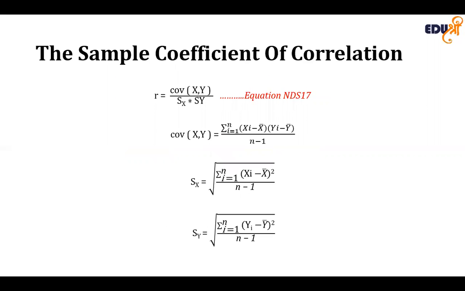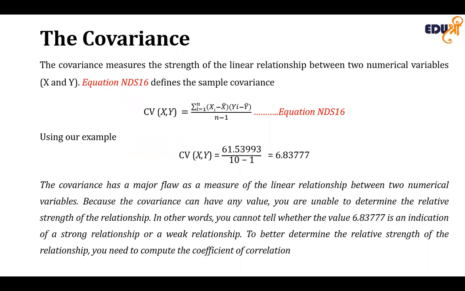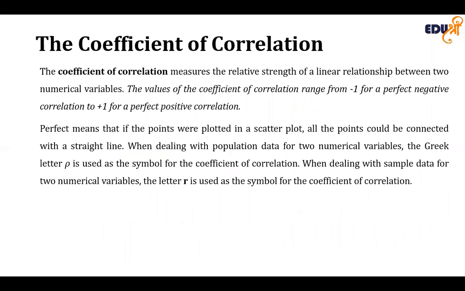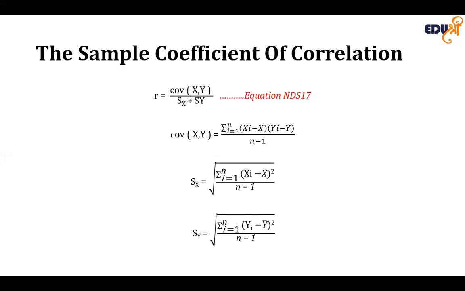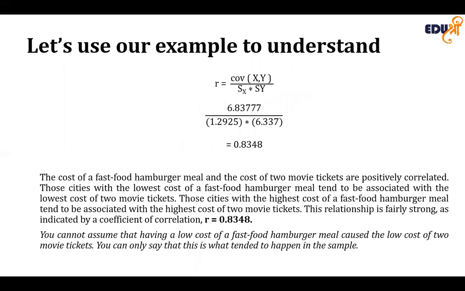For calculating the coefficient of correlation, we take the covariance divided by n minus 1 and so on, and we get the value of r as 0.838.